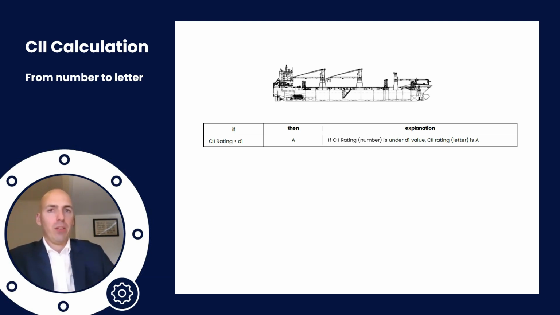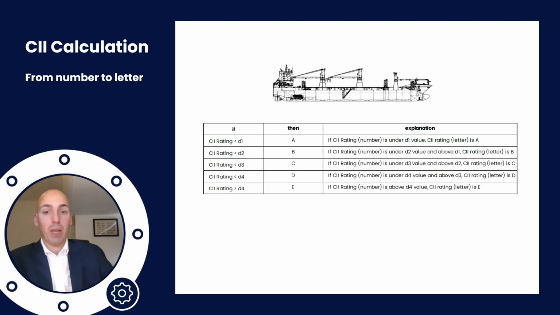And if your CII rating is below a specific D value, you get a specific rating. So if it's below a certain D1, you get an A. And then if it's below a certain D2, you get a B, D3, C, D4, a D. If it's above D4, you get an E.